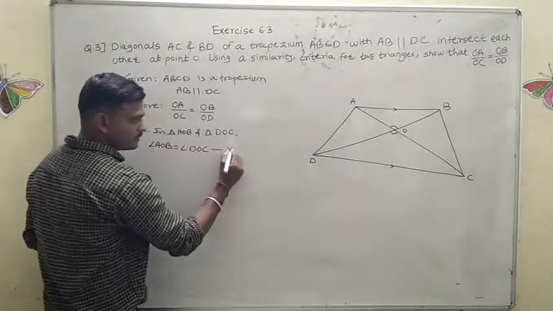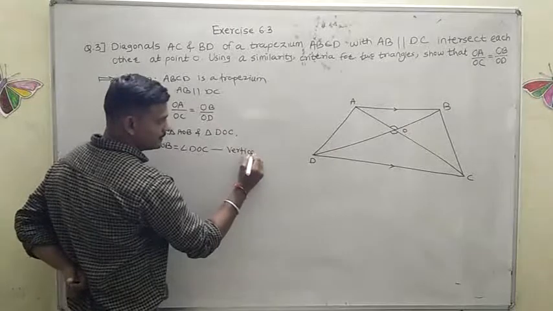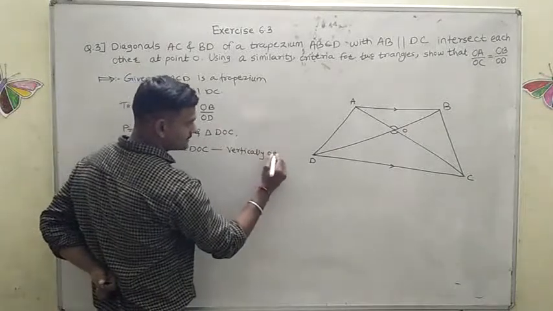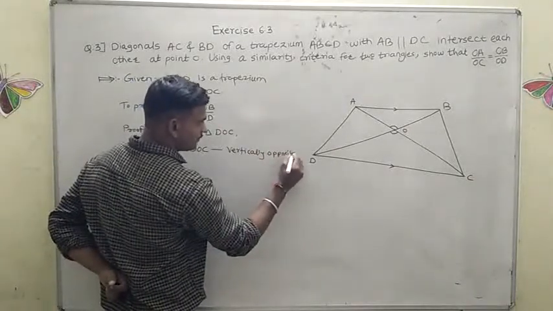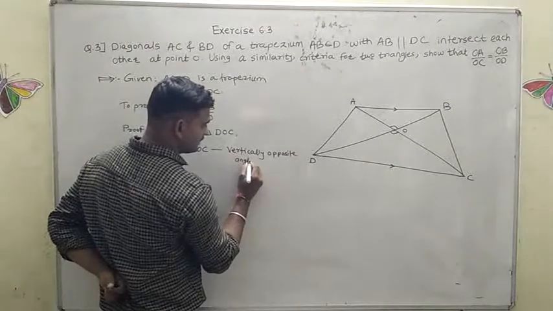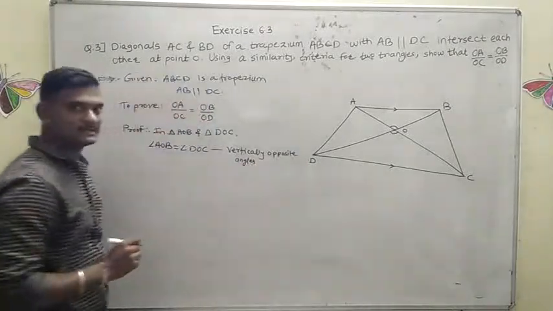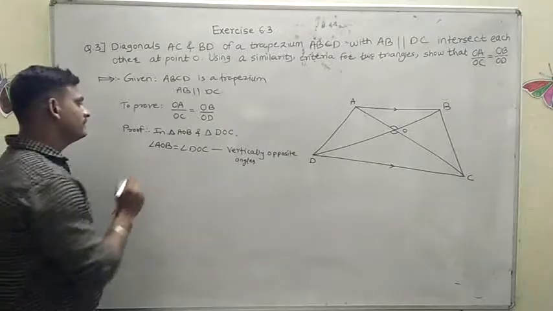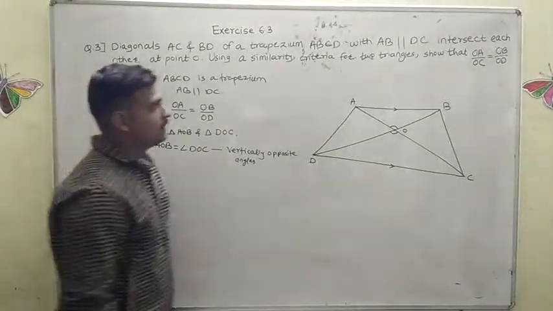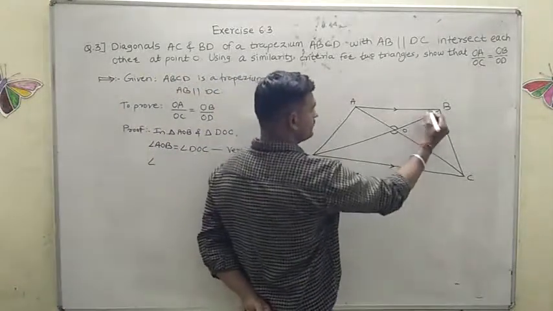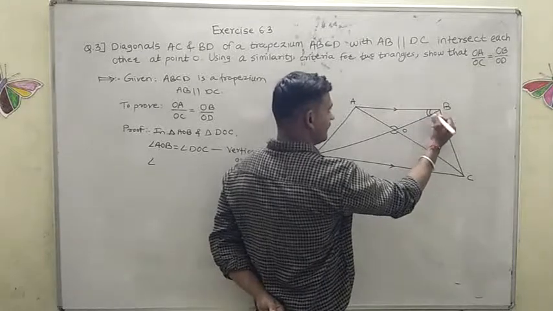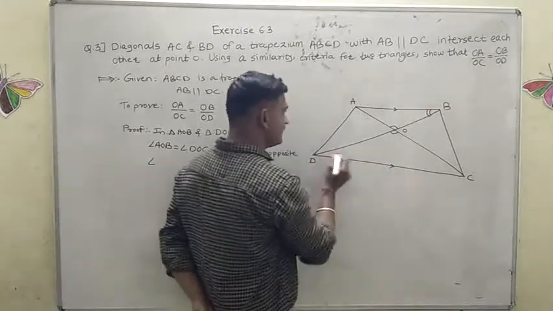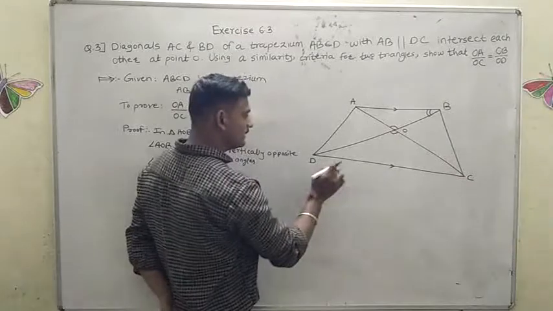Reason: vertically opposite angles. In class 9th we have learned that vertically opposite angles are equal. And angle ABO is equal to angle ODC.